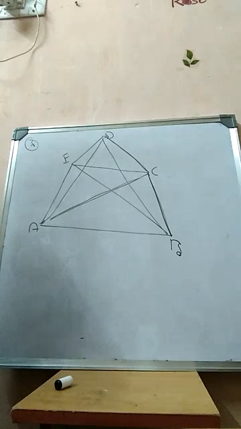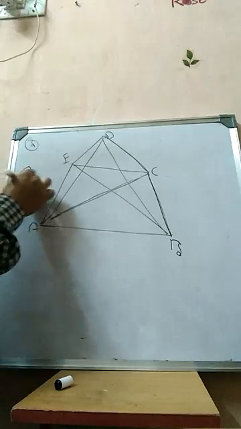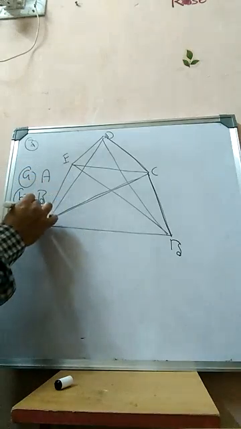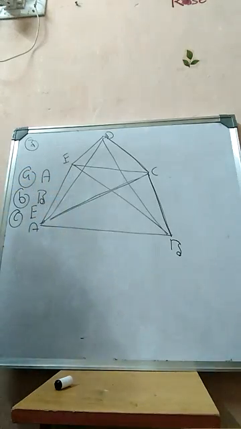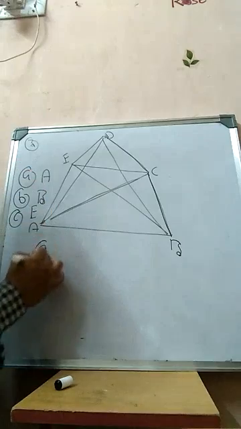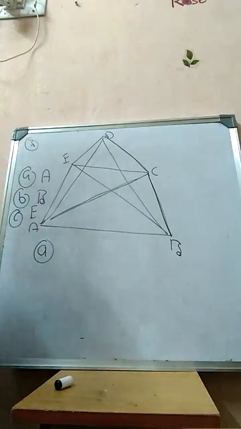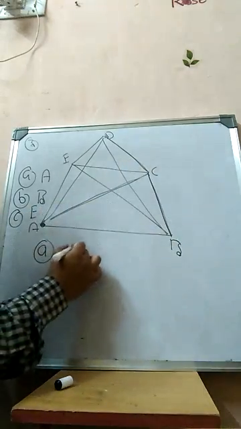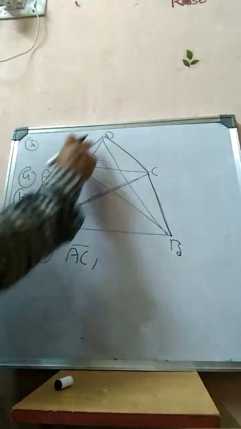Now the problem is, in the following figure, name the diagonals originating from the vertex A, from the vertex B, from the vertex E. We have to write first from A. What are the diagonals originating from A? Where is A? Here. From here, the diagonals are AC and AD.